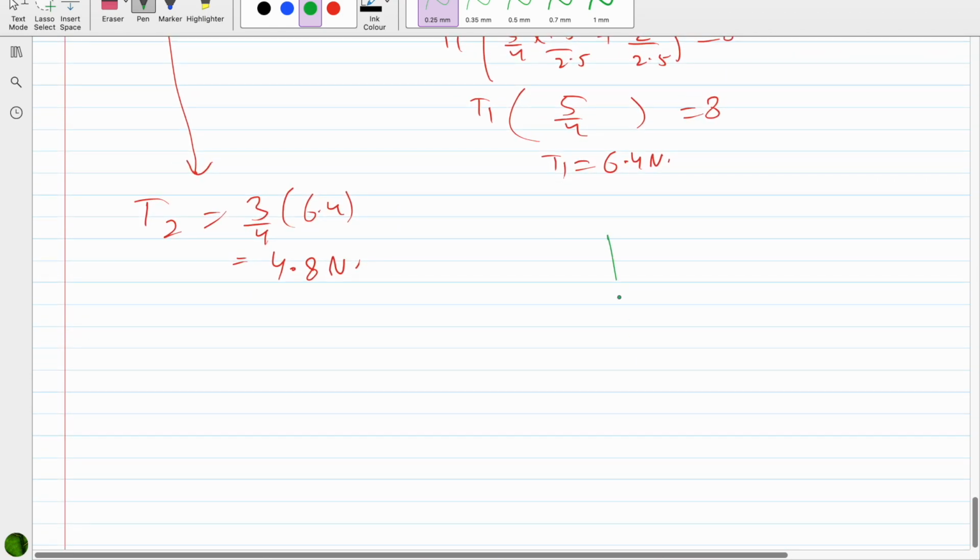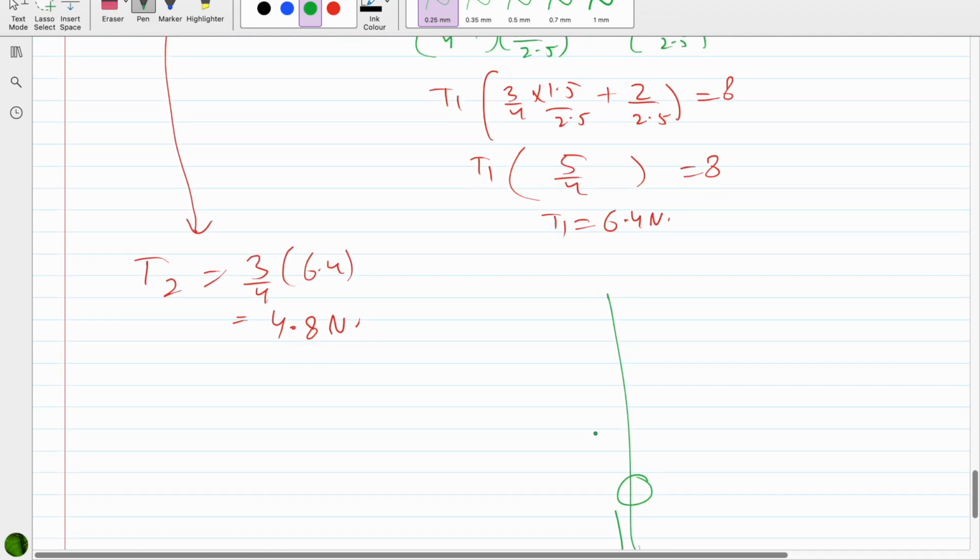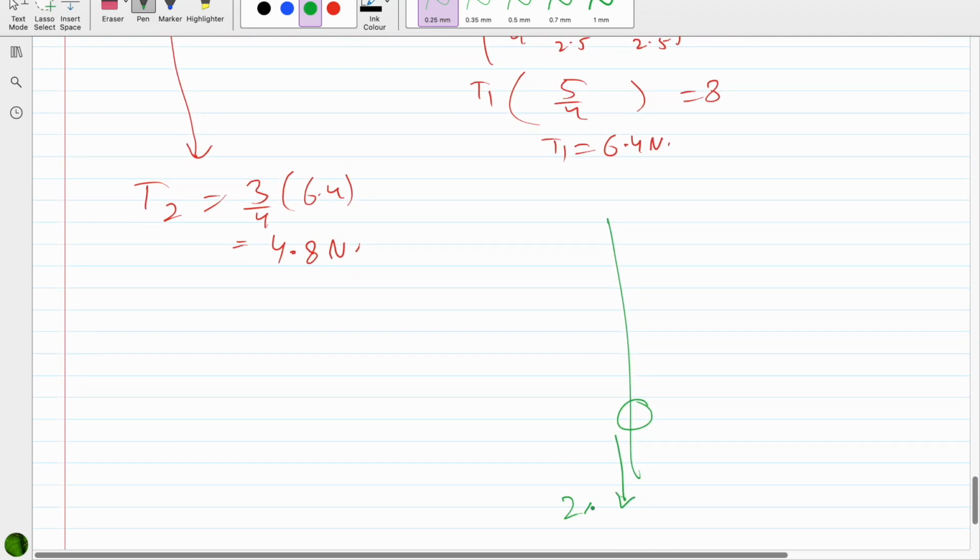So let me draw this. This is the ring which weighs, what was the weight? It was 2 newtons. So it weighs 2 newtons, and the direction is now this way, and we split it up.